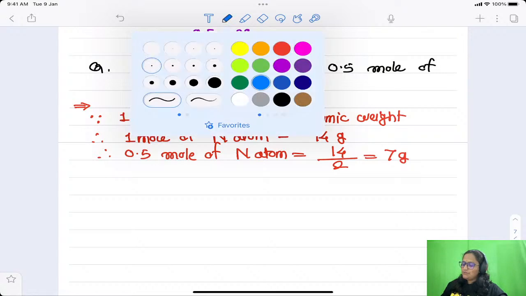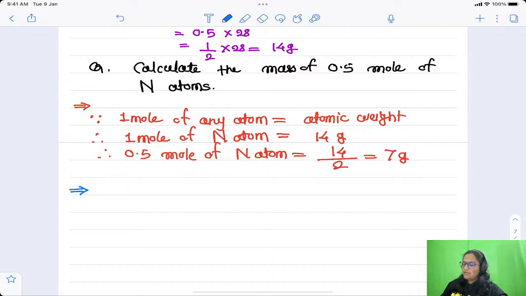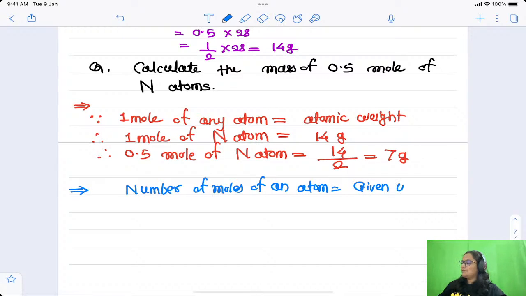There is another way to solve this question. As we know, the number of moles of an atom is equal to given weight divided by atomic weight.